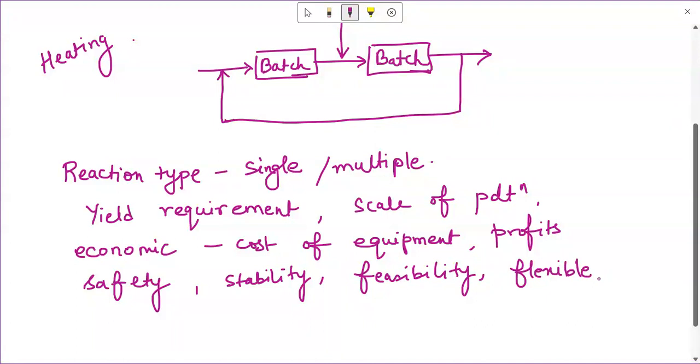By flexible, what I mean is that, let's say today you set up a plant and you have a reactor which is processing, let's say, a single ton of fluid. But within 1 year you see that there is an increased demand in the market for the particular product that you are making. In that case, you want to scale up the production process.